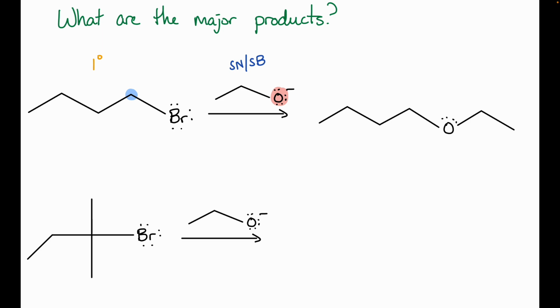Always a good idea to count carbons. I almost messed that up. 1, 2, 3, 4. And then I got these extra 1, 2 from my nucleophile here. So we look it up on our little cheat sheet, and we see that our major product is that substitution product.